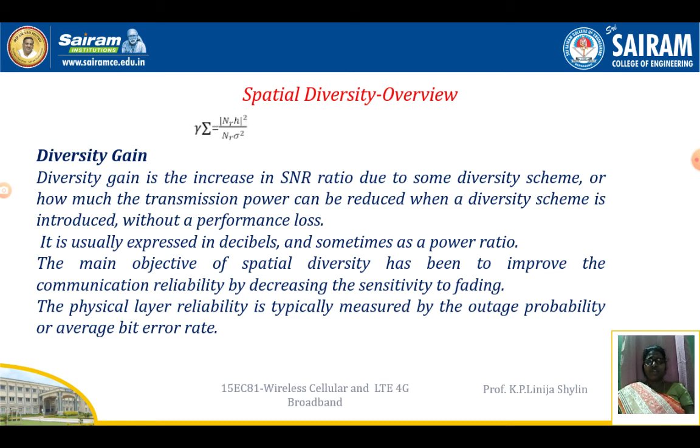Fading is also one of the main factors, as well as gain and power; everything is an important criterion. We also want to measure the probability or average bit error rate. So keeping all this in mind, we have discussed and analyzed spatial diversity.